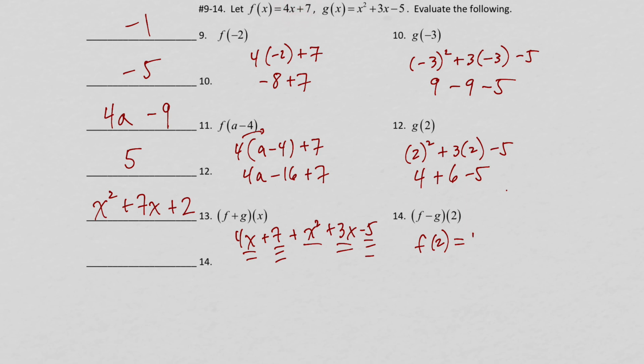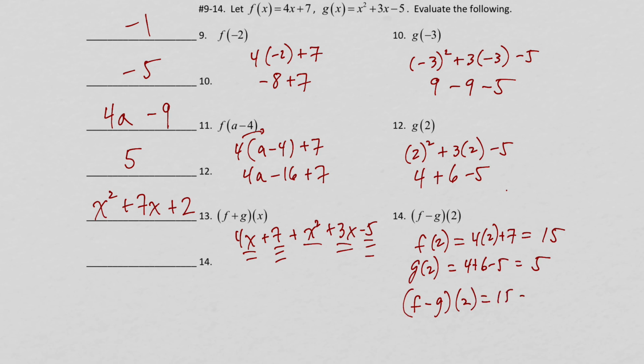So we have 4 times 2 plus 7, which is 8 plus 7, which is 15. g of 2 is going to be equal to, replacing 2 here, so this is 4 plus 6 minus 5, which is 5. So f minus g of 2 is equal to the f function at 2 minus the g function at 2, which is 10.